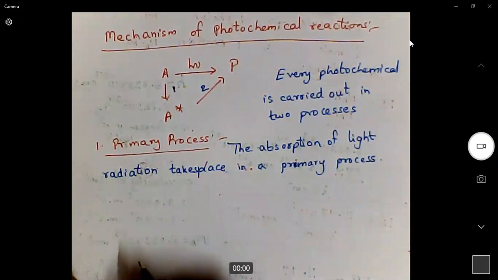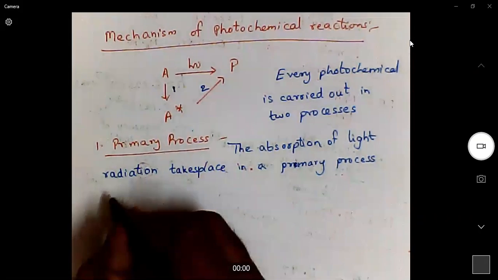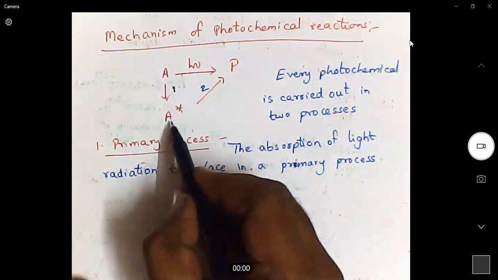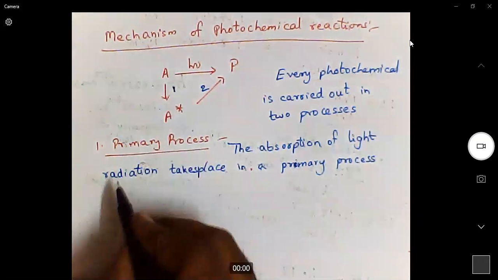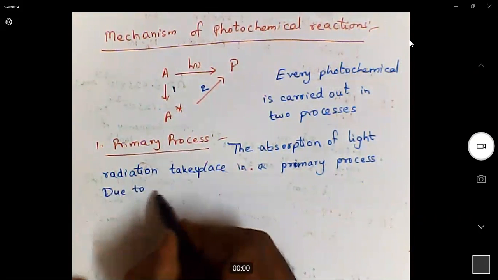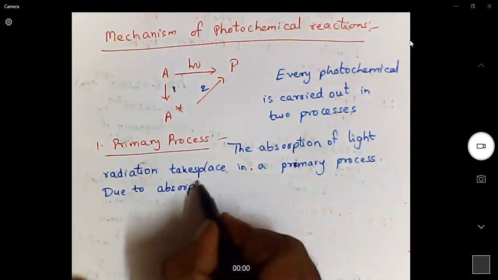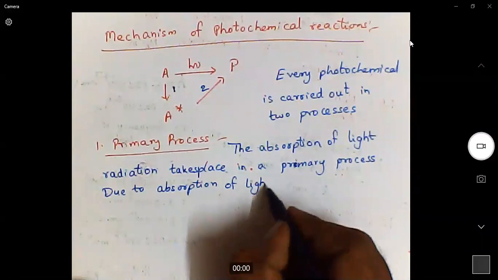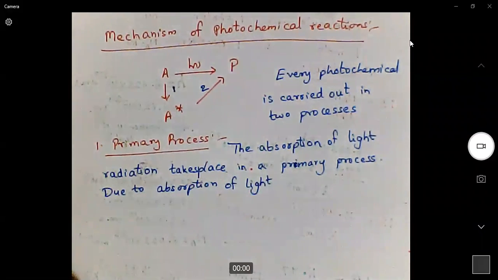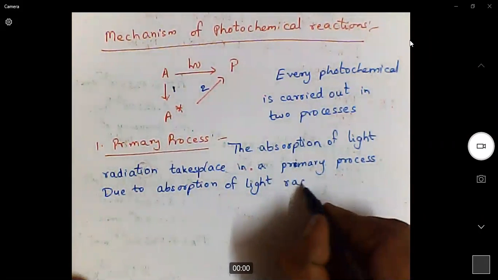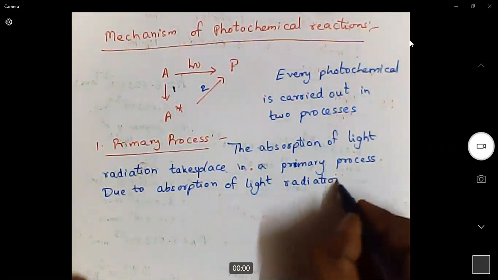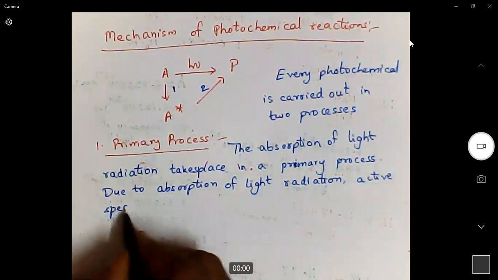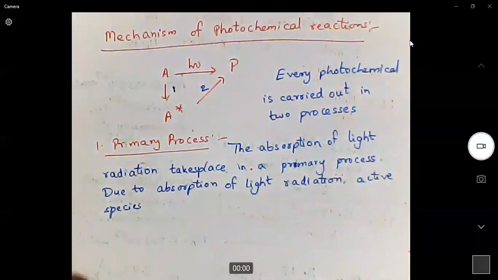So what happens due to the absorption of light? When the molecule absorbs light, it will be converted to an activated molecule. Due to absorption of light radiation, active species are formed.